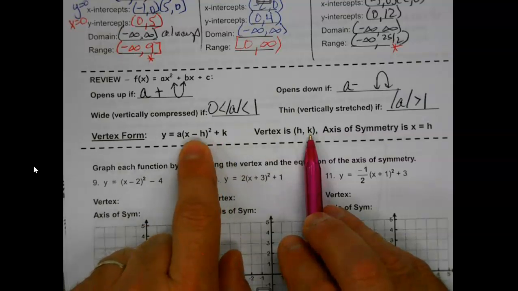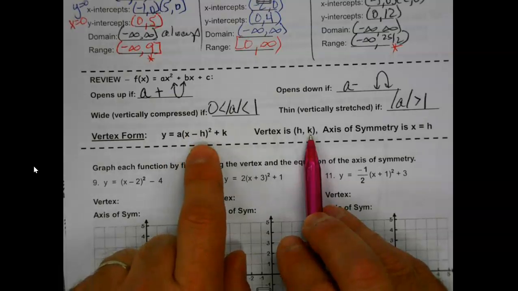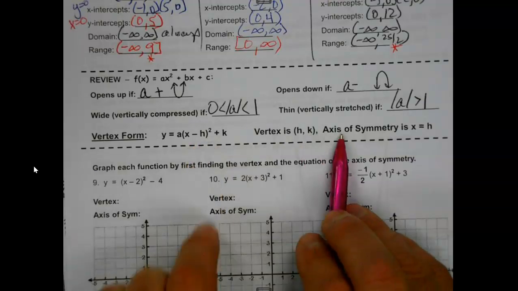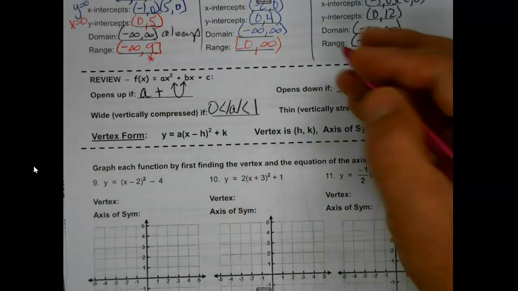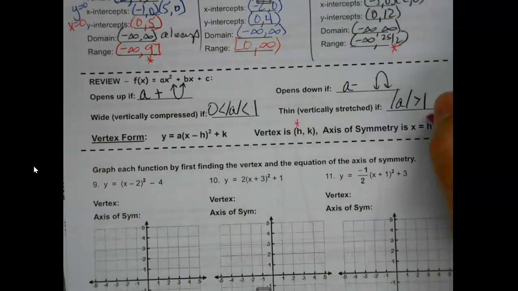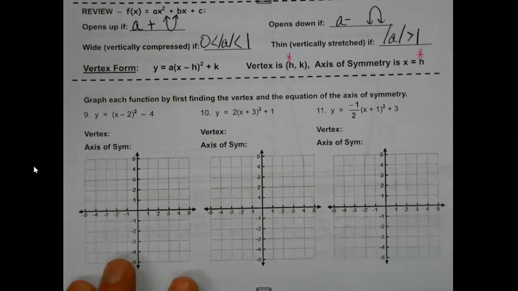See how that's the opposite of H? So whatever you see in the parentheses, it's always going to be the opposite of that for your vertex. So something to be aware of. And then your axis of symmetry is the H value as well. So just like in standard form, if you find one, you have them both. So that is a consistency that we're going to see throughout with these.